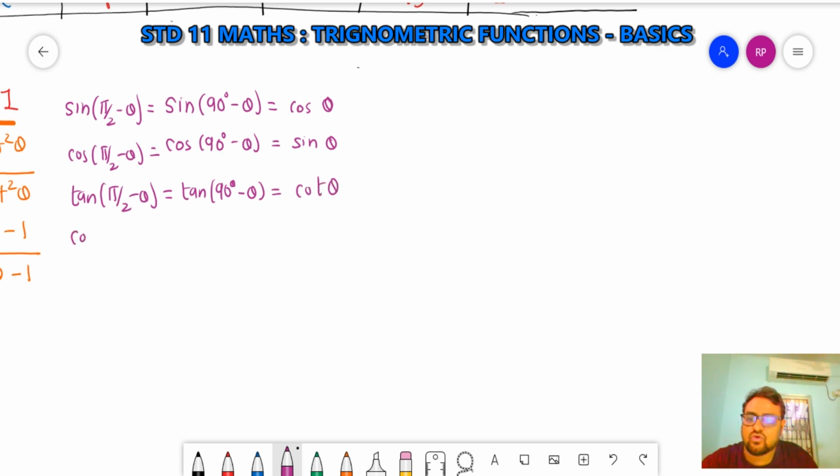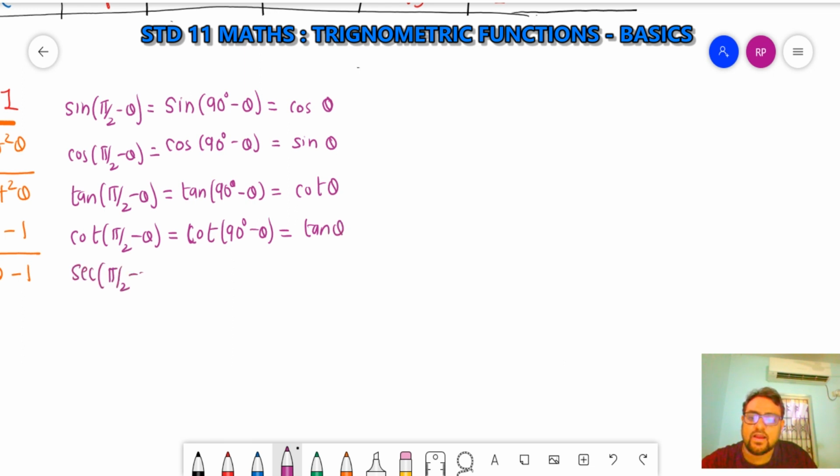Similarly, cot pi by 2 minus theta, that is cot 90 degree minus theta, will be equal to tan theta.